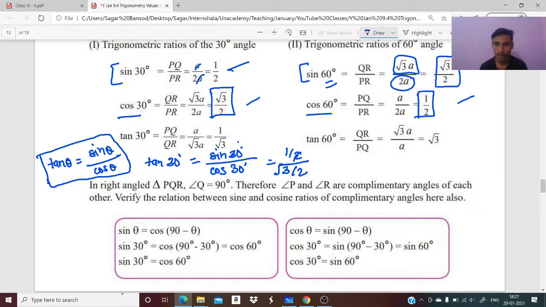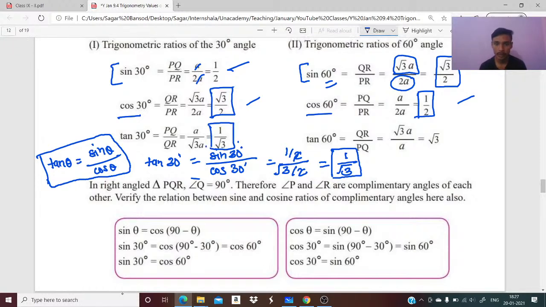So this 2 will get cancelled out, and at the end you will be left with 1 upon root 3. In this way you have got the value of tan 30 degree, that is 1 upon root 3. You can see here also that your tan 30 degree is 1 upon root 3.